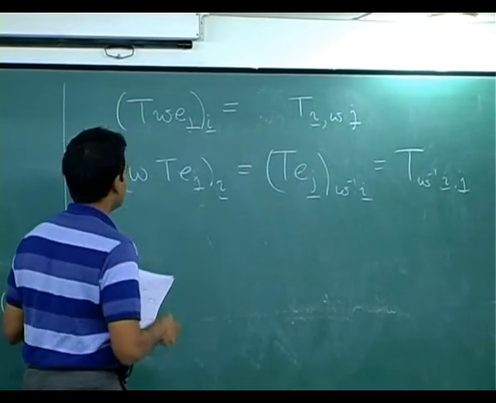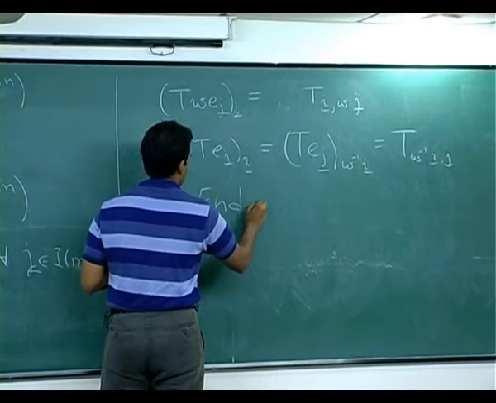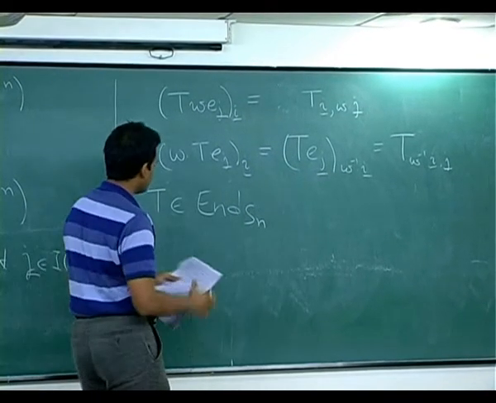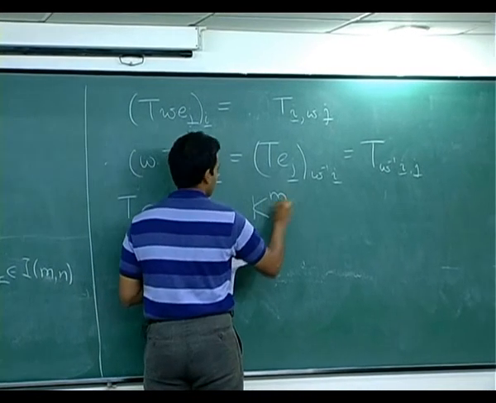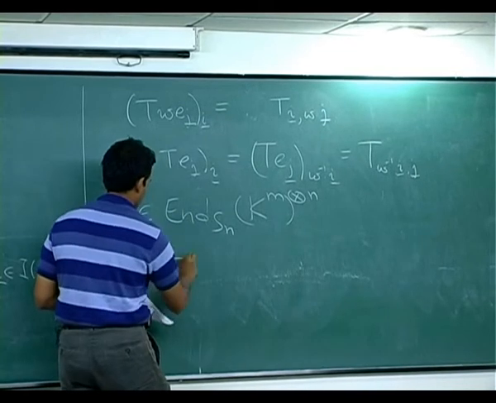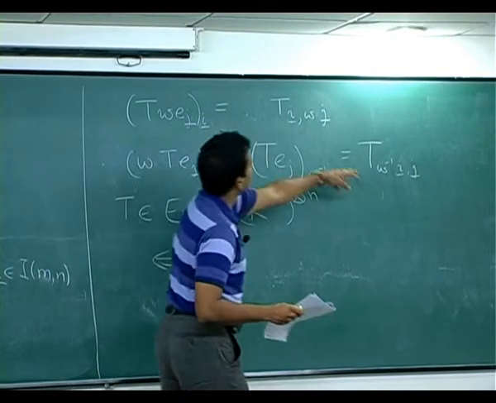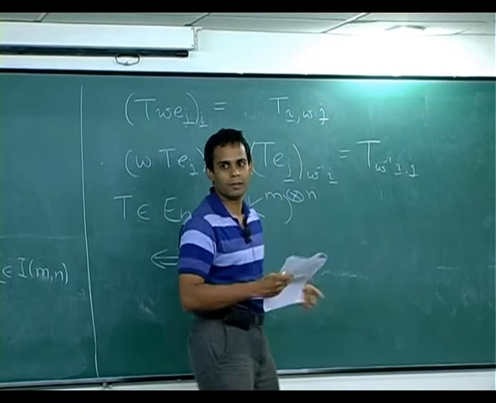So, what you get is that T is an S_n endomorphism, that is it commutes with the action of S_n, if and only if these things are equal for all multi-indices I, j and for all W in the symmetric group.